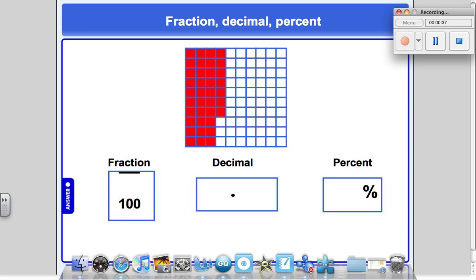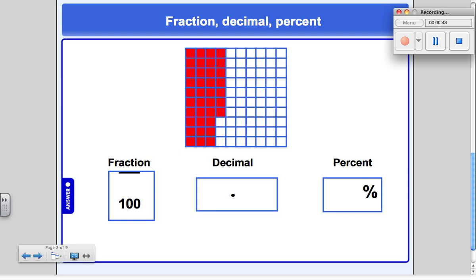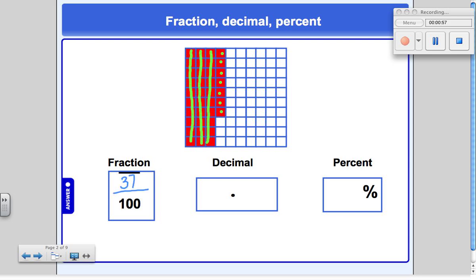If I were to write the fractional part of what is shaded, okay, you see that there are 3 bars fully shaded. Okay, that's 30, and then we have 1, 2, 3, 4, 5, 6, 7. So there are 37 out of 100 bars or squares colored in.